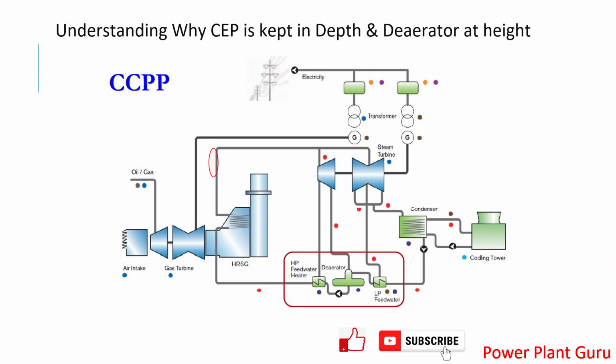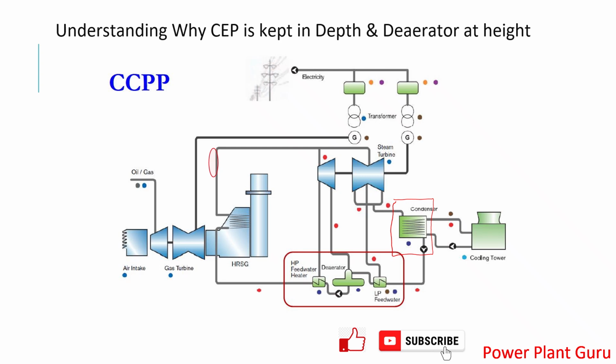So, we covered the condenser in the previous topic. The condenser is where steam from the turbine exhaust comes in, and there is cooling water flowing in and out, exchanging heat with the steam and converting it into liquid. That liquid is stored in the hot well, which is just below the condenser, or some kind of storage tank beneath the condenser.